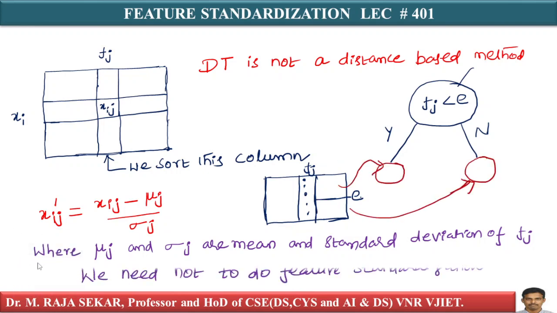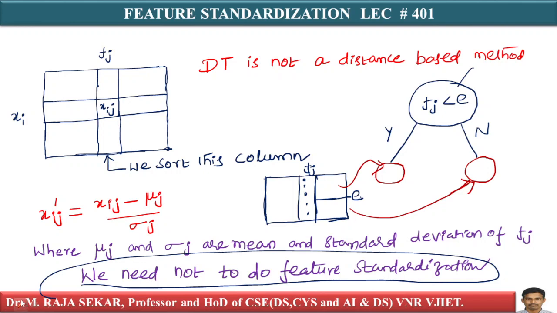All values less than E go this side, all those greater than E go the other side. We don't have to do feature standardization, unlike other techniques.